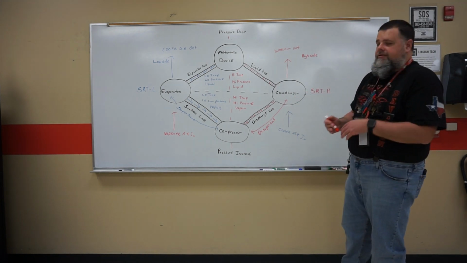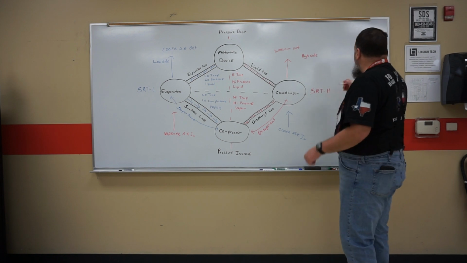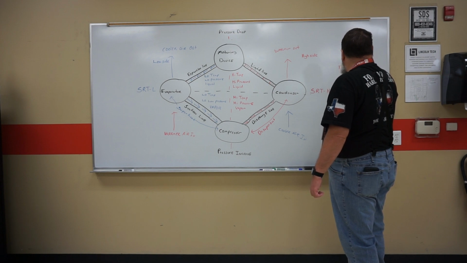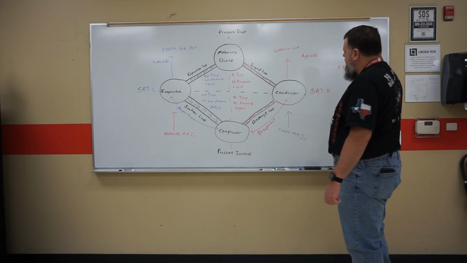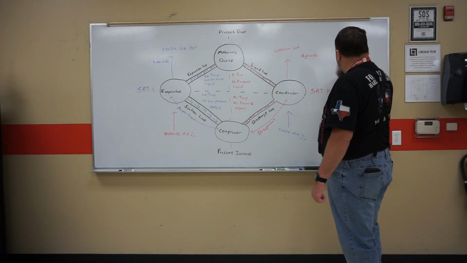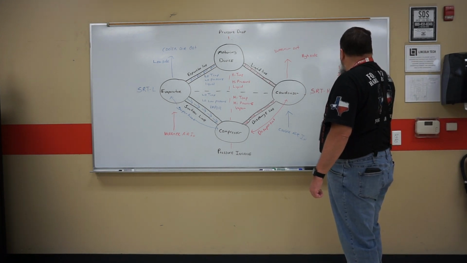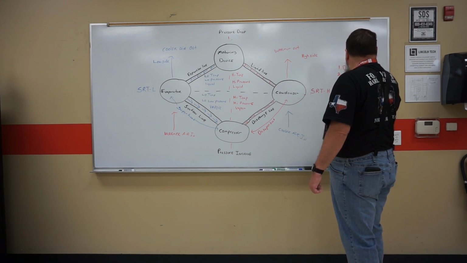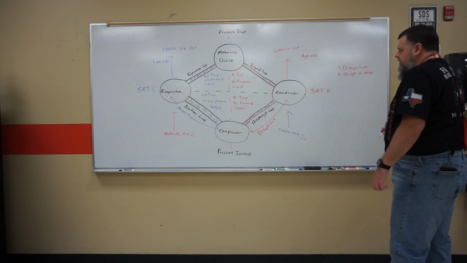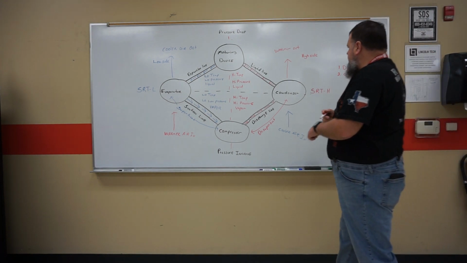So a condenser does 3 things. 1, it de-superheats. 2, it causes a change of state, a vapor into a liquid. 3 is another word you may have heard of.